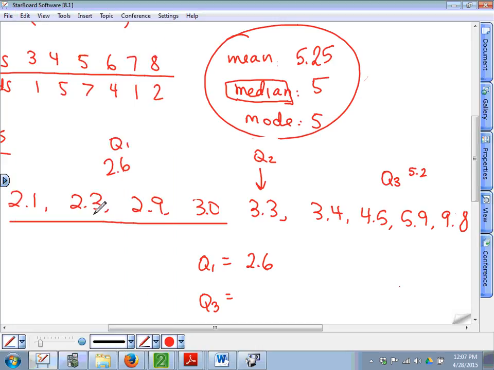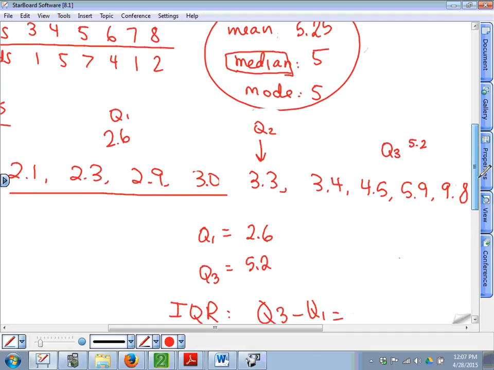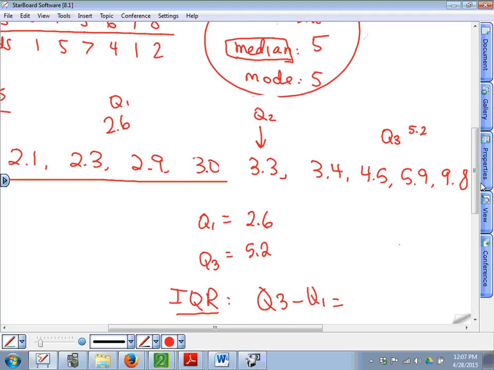So, let's continue. We've got Q1 was 2.6. We got Q3 was 5.2. Next thing you calculate is what's known as the IQR. It's just Q3 minus Q1. Write that down. IQR. It's Q3 minus Q1.